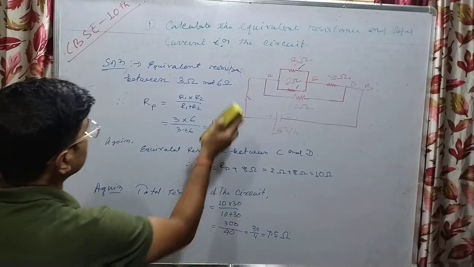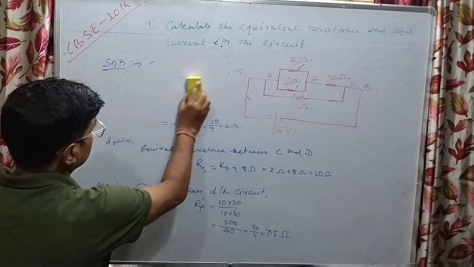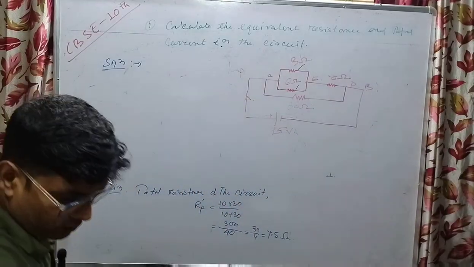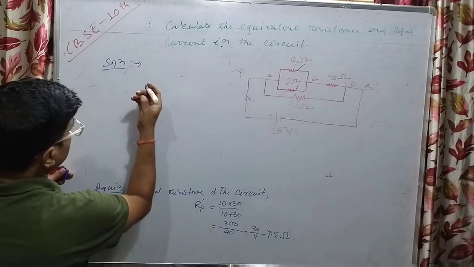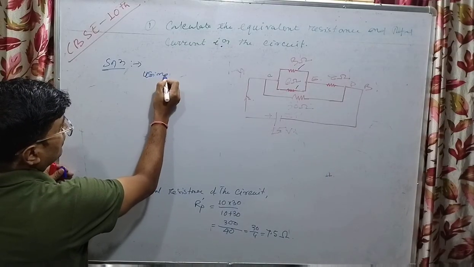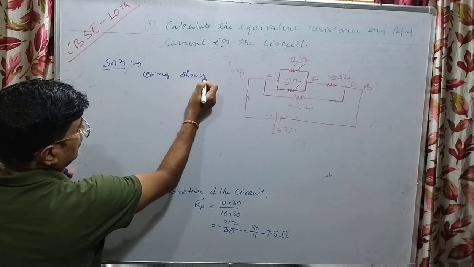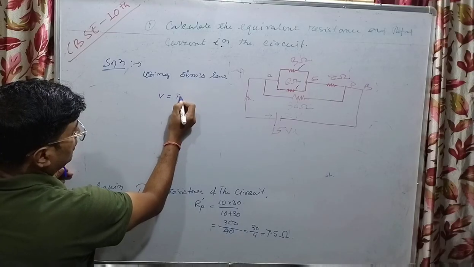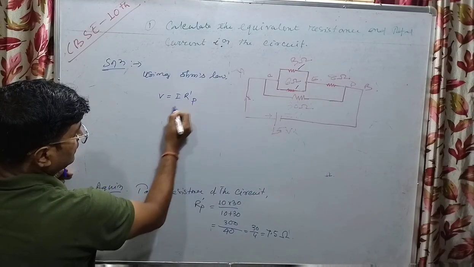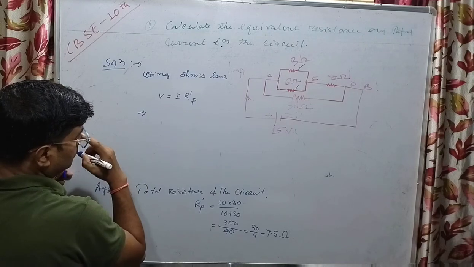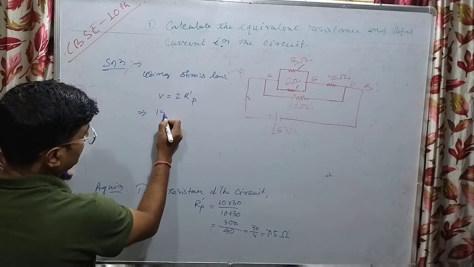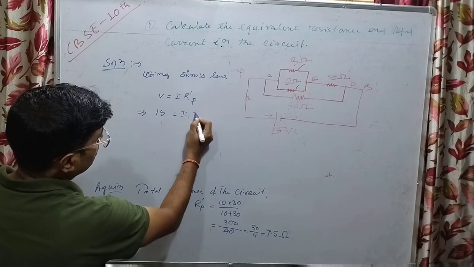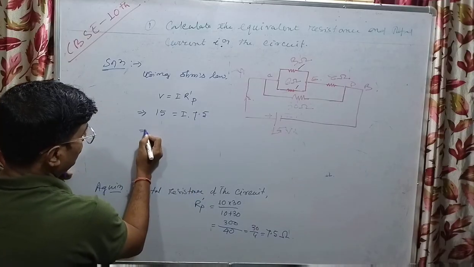Again, by using Ohm's law, V is equal to I R dash T. Potential difference is given, that is 15 volt is equal to I into R dash T, which is 7.5 ohm.